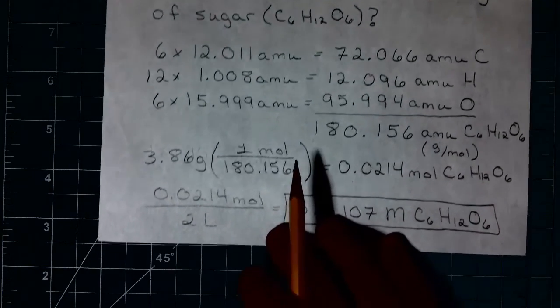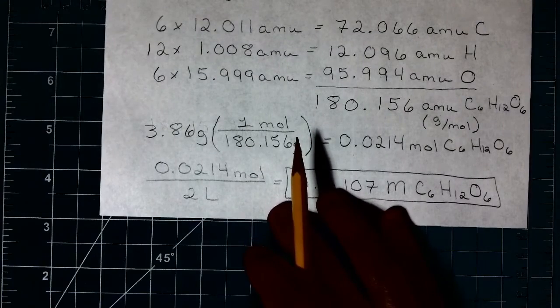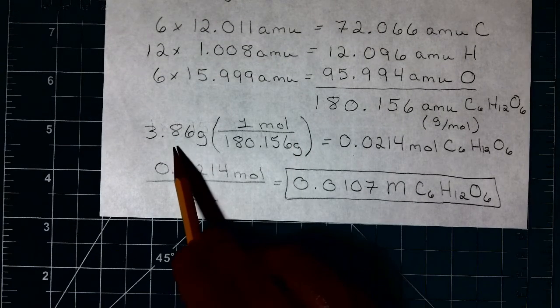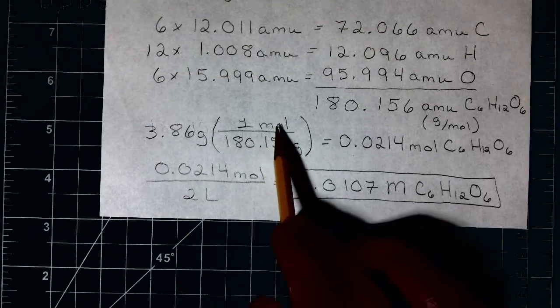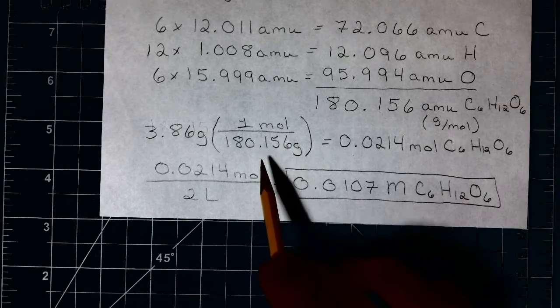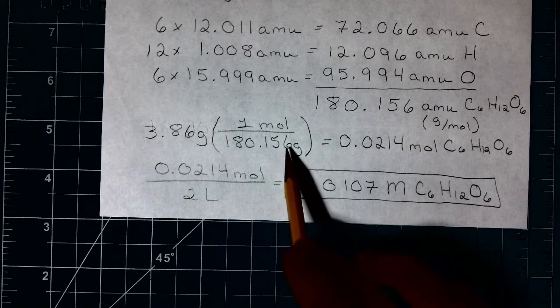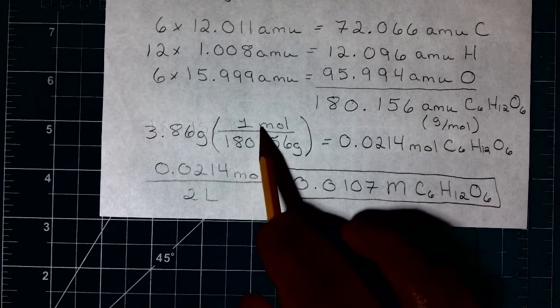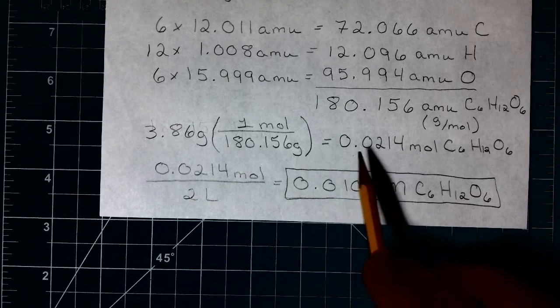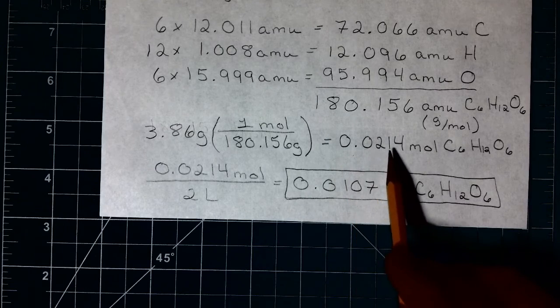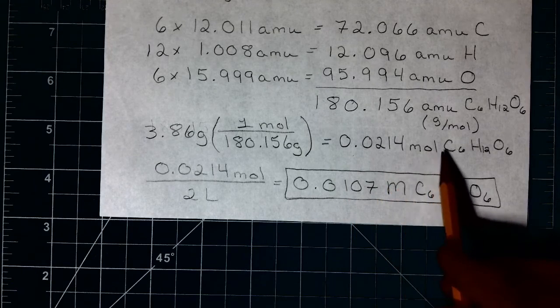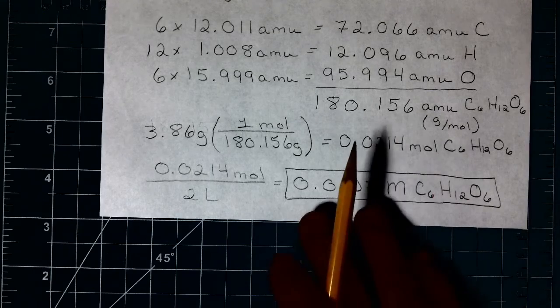We then take the mass that we're given in the problem of sugar, 3.86 grams. We set up our conversion factor here, where we know that there's 180.156 grams for every 1 mole of sugar. And when we do those calculations, we get 0.0214 moles of sugar.